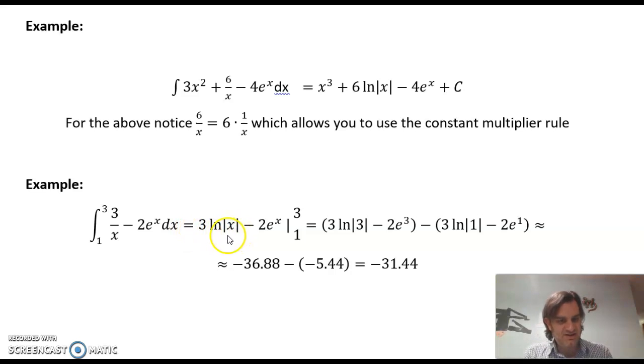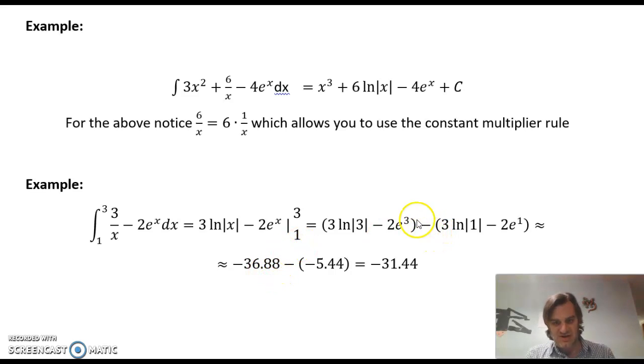So I've got 3 natural log of x. And then the negative 2 e to the x stays the same because the negative 2 is just a coefficient that stays there. e to the x is still e to the x. So now that I have that, 3 natural log of x minus 2 e to the x, I can plug in the 3. And when I plug in the 3, I get approximately negative 36.88.